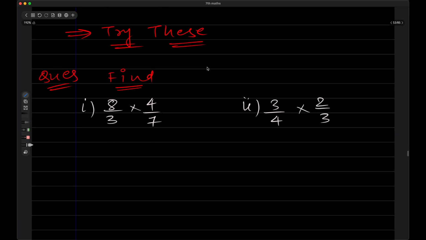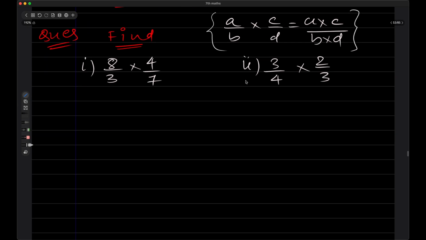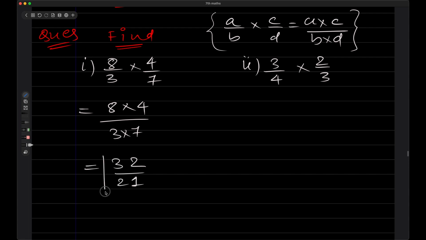This is also the product of two fractions, a divided by b into c divided by d, that is equal to a into c divided by the product of denominators, b into d. Product of numerators 8 into 4 and product of denominators 3 into 7 is equal to 32 divided by 21.